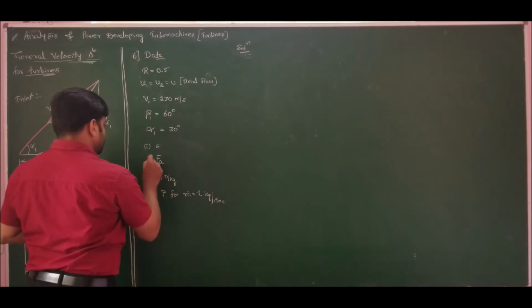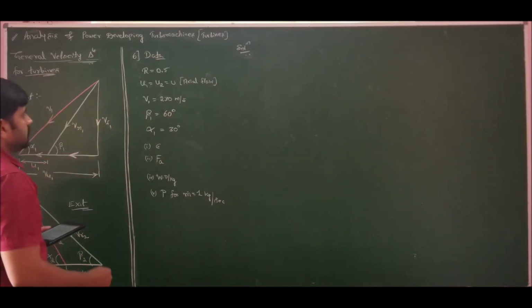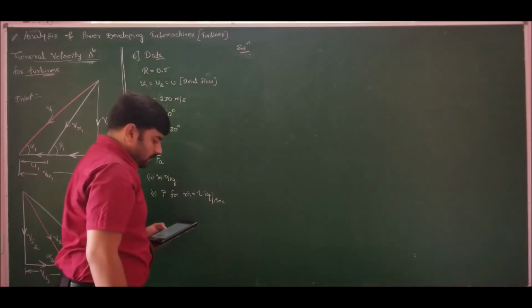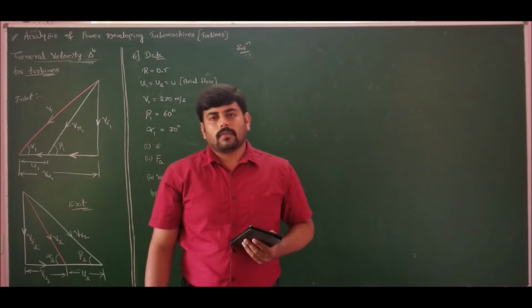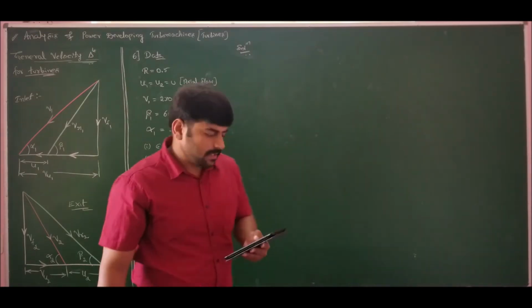So we should find these parameters. If you observe, it is an axial flow turbo machine. Either you can use the general velocity triangle of turbine or of a power absorbing turbo machine. Let us use the general velocity triangle of turbines and solve.